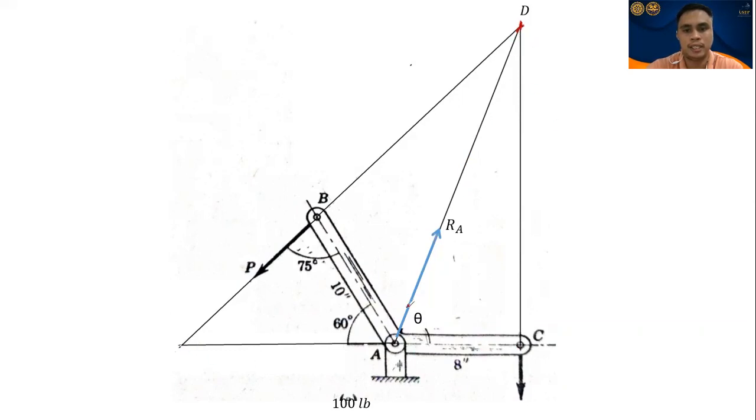Kani isa ka triangle, kani isa pod ka triangle. So class, pangitaan nato ang height ani. Ang purpose sa height, para makuha nato ning angle theta nato, nga ga-act sa point A, para makuha nato ang reaction sa A.